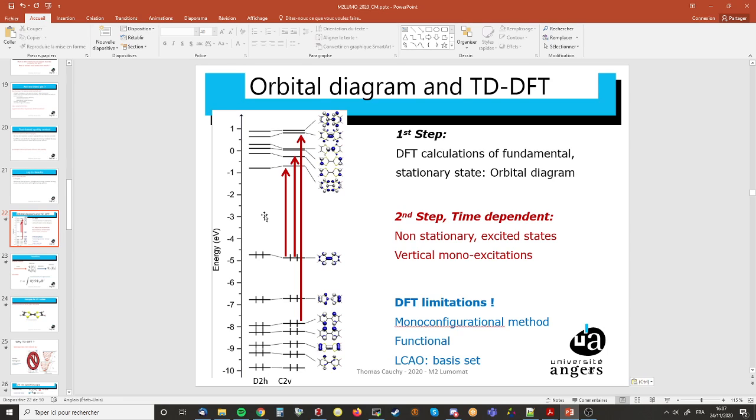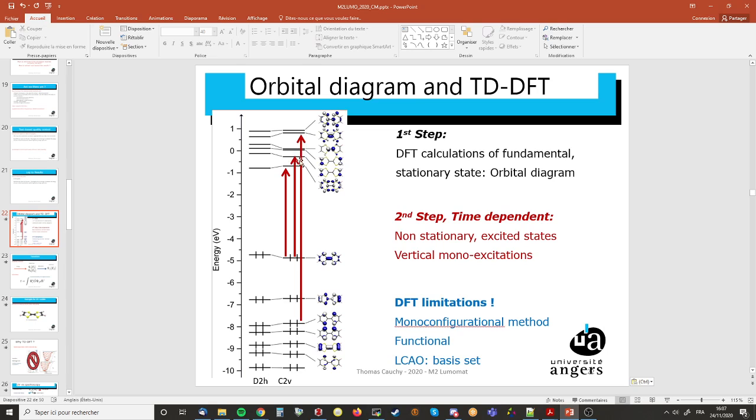That means that the wave function of your excited state does not necessarily have the same orbitals as the ground state. That means that when your electron goes to the LUMO plus 1, sometimes when it gets there, it's not the LUMO plus 1 anymore, it's the LUMO, or the LUMO plus 2.